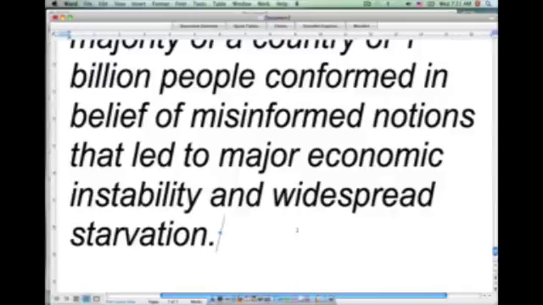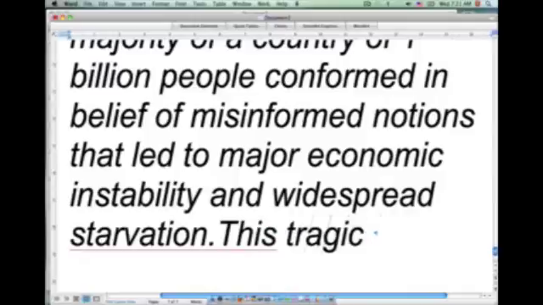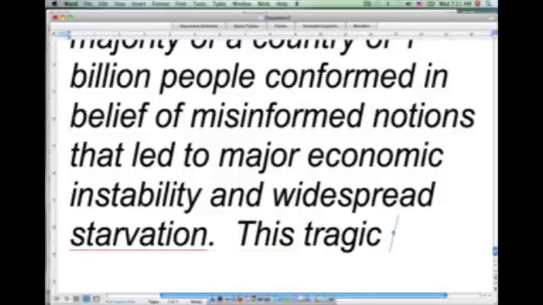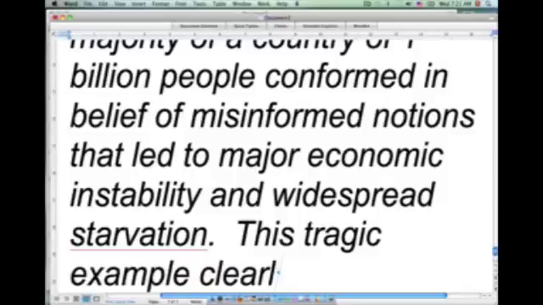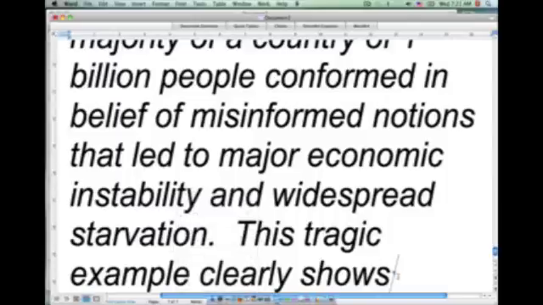Okay, so now we just want to show how this example links to the topic sentence. So let's say, this tragic example clearly shows, I'm being told this is a spelling mistake, my computer has some kind of error.